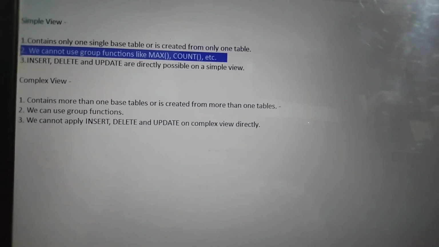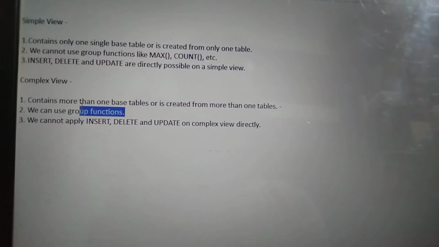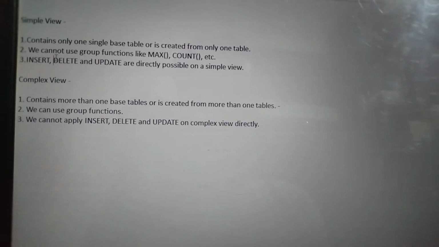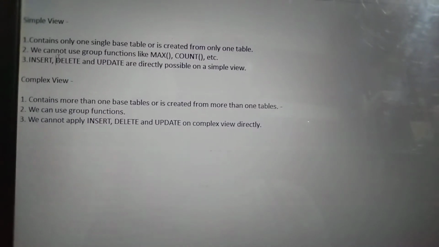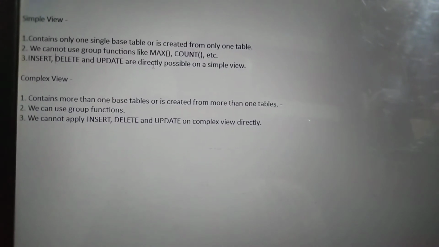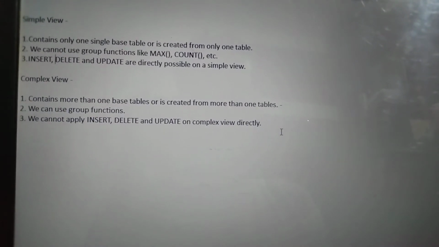But in a complex view, yes, we can use them. And in a simple view we can perform DML operations like insert, delete, update directly on the view, but in a complex view we cannot apply DML operations.